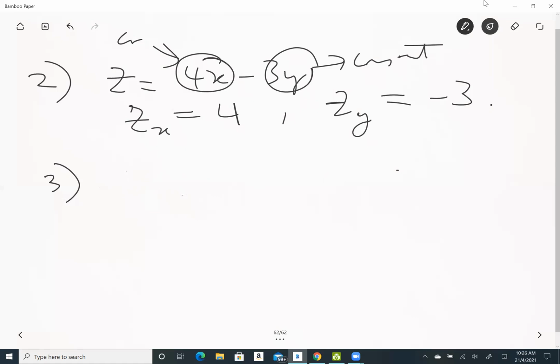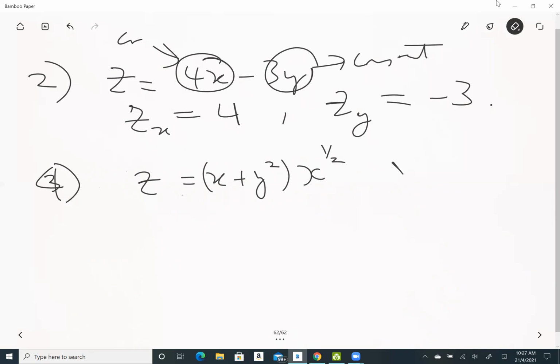So number 4, you bring the square root of x up there. So z equal to x plus y squared multiplied by x to the power of half. I want you to try this one. I want you to do the product rule.